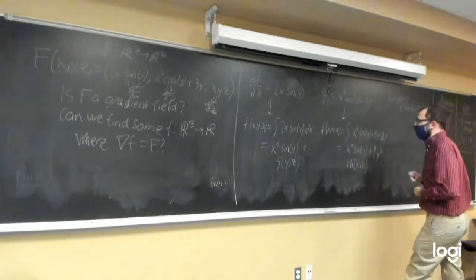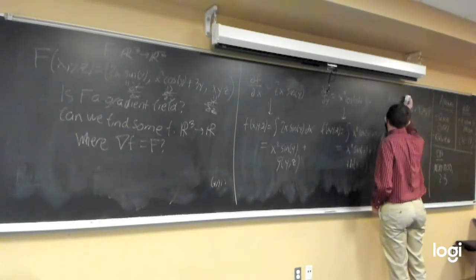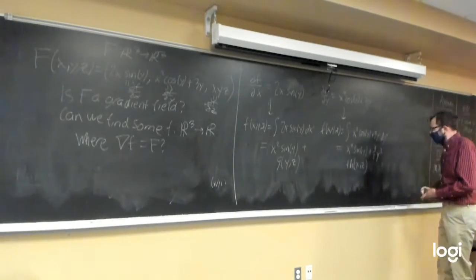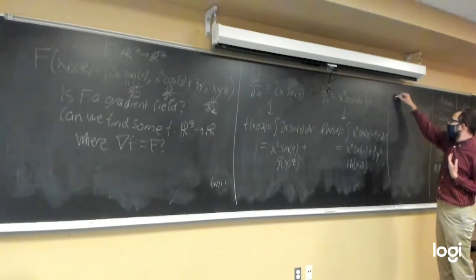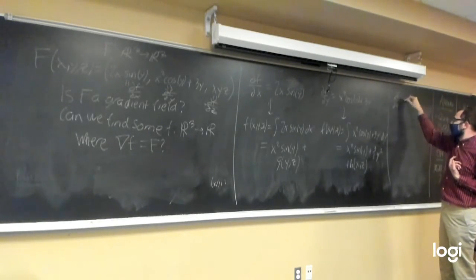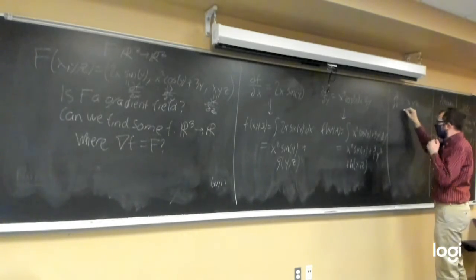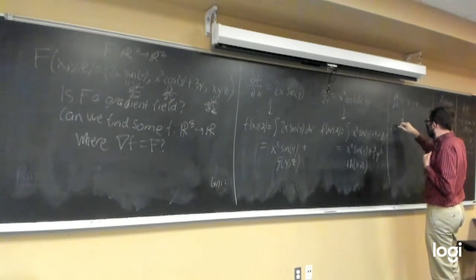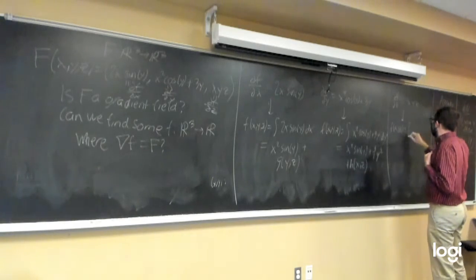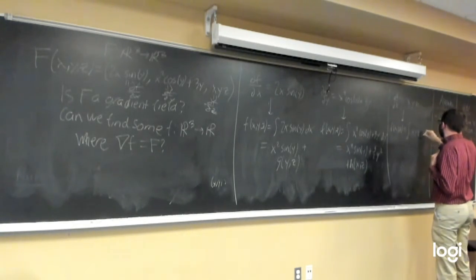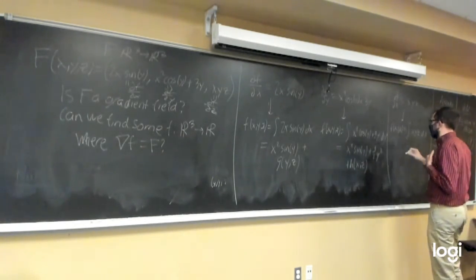We still need to check our del f del z, though, see if this works. So if we try that, we would get del f del z would have to be xyz, meaning f would have to be an antiderivative of xyz taken with respect to z.